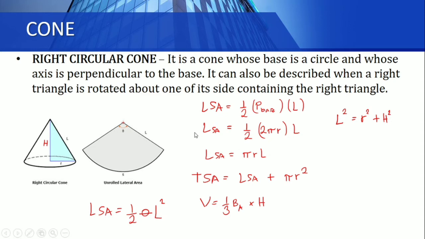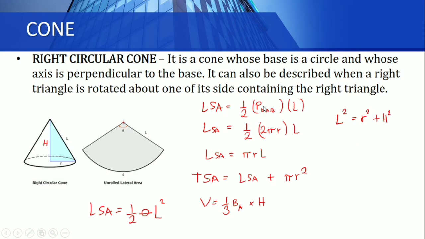So sa lateral surface area naman, para makuha natin yung lateral surface area, sabi natin, area nung cone natin excluding yung area ng base. So kapag lateral surface area, that will be equal to 1/2 multiplied by the perimeter ng base natin times yung L or yung slant height ng ating cone.